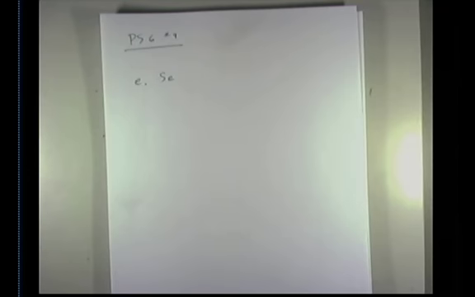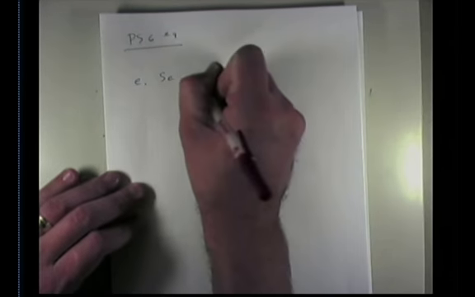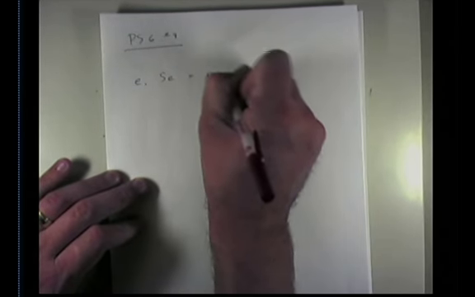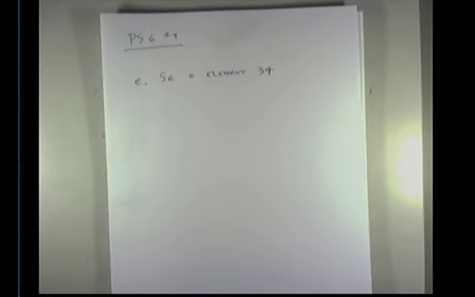If we look at the periodic table, we can see that selenium is element number 34. If I were to write the entire electron configuration for selenium, it would take me a while. However, I am going to write the abbreviated electron configuration for selenium.